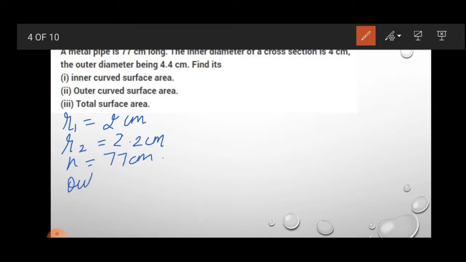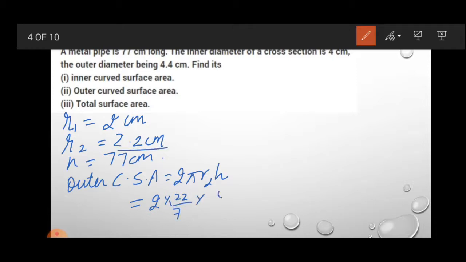Now outer curved surface area is equal to 2 pi R2 h, which is 2 into 22 by 7 into the value of R2, 2.2, into height 77. On solving this, we get outer curved surface area is equal to 1064.8 centimeter square.